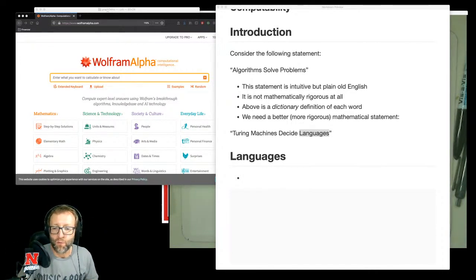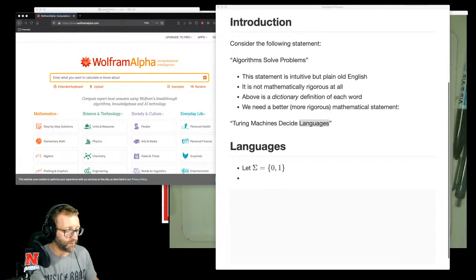But what we mean by languages in the sense of computation is simply sets. Everybody here, at least in computer science, knows what a set is. So kind of like what we did with Huffman coding. Let sigma be a set of 0, 1. Now this is our alphabet.